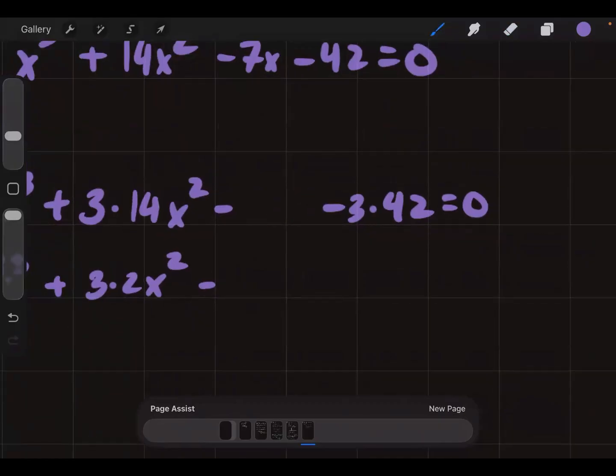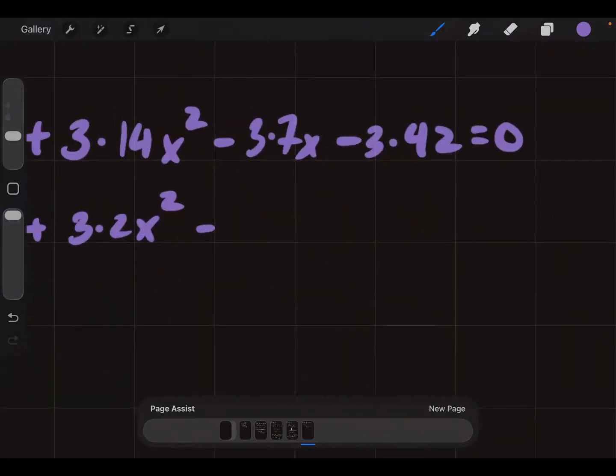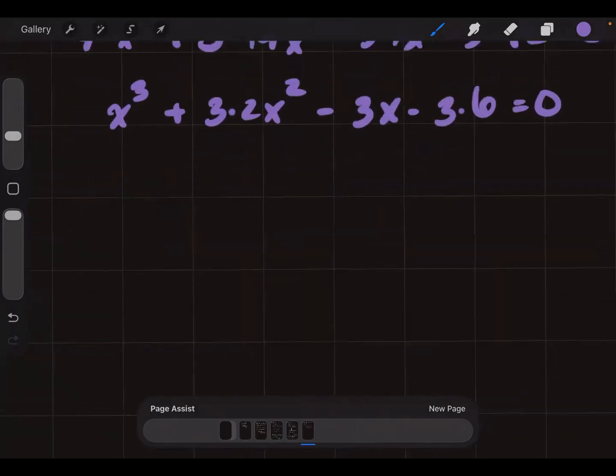Why didn't anyone tell me? So divide everything by 7: minus 3x minus 3 times 6 is equal to 0. Okay, yeah, that should be sufficient.